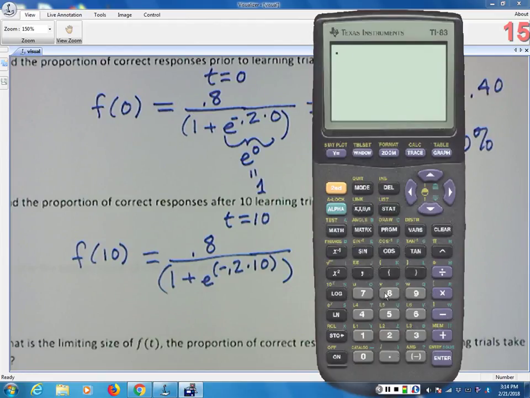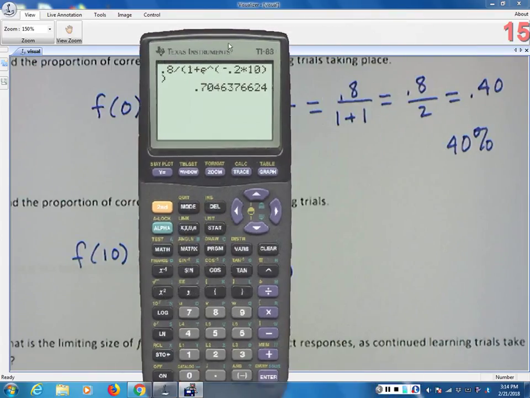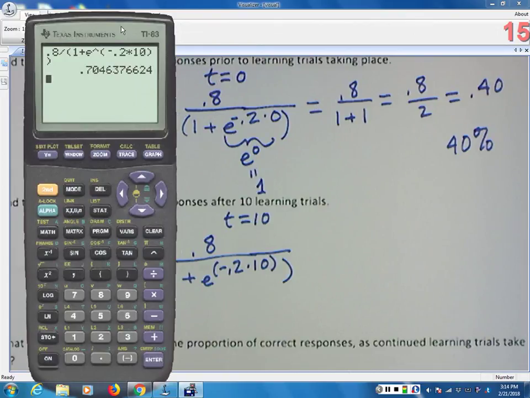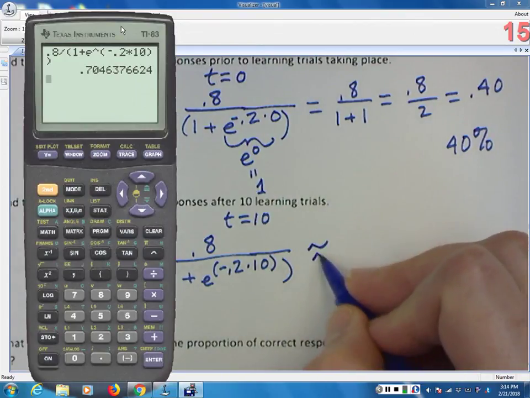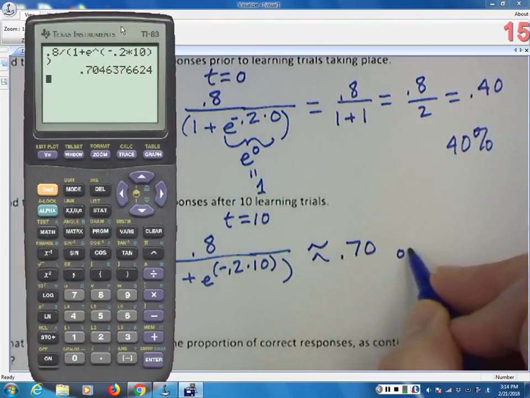So 0.8 divided by parentheses, 1 plus e to the negative 0.2 times 10, close the parentheses, or the calculator would have closed it. And there it is after 10 learning trials. To two places we're about 0.70 or 70%.